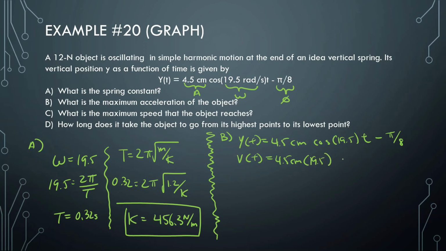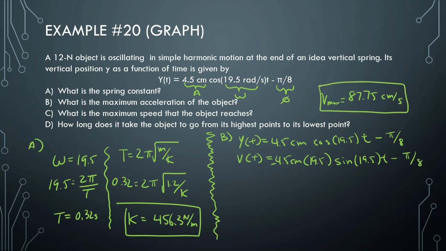Then it should be negative, since I'm changing the cosine to sine: sine of 19.5t minus pi over 8, but this is all negative. This gives me the maximum velocity, 4.5 times 19.5, so I get a Vmax of 87.75 centimeters per second, because this is measured in centimeters.